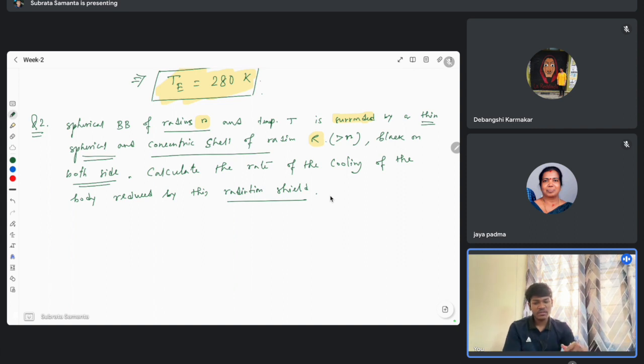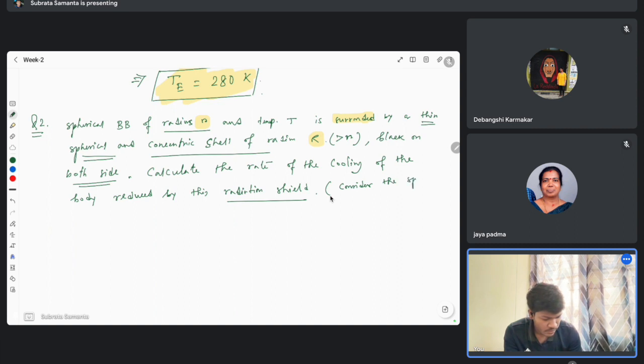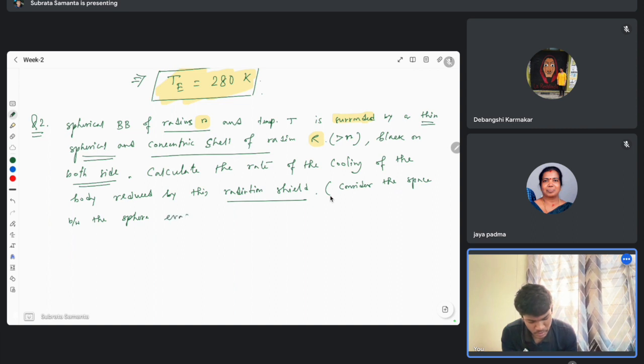So consider that the space between the sphere and the shell is evacuated and there are no thermal conduction losses. So consider the space between the sphere and shell, whatever you call it, evacuated with no thermal conduction losses.